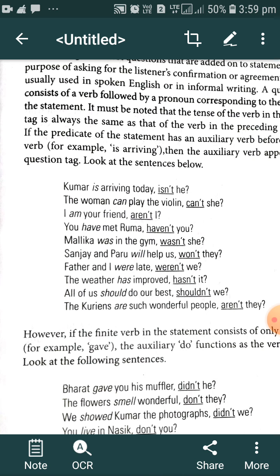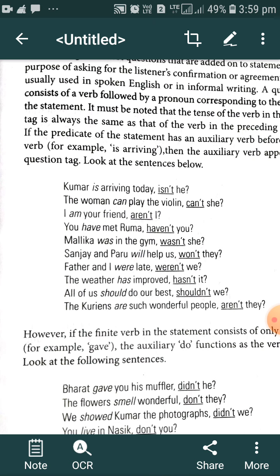While adding the question tag, we haven't used amn't I. Instead, we use aren't I. So you must keep in mind that instead of am we have to use are. The statement is affirmative and the question tag is negative. This is also one thing you have to keep in mind: I am, aren't I.